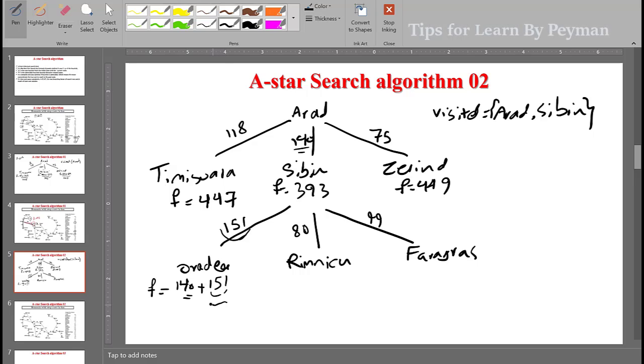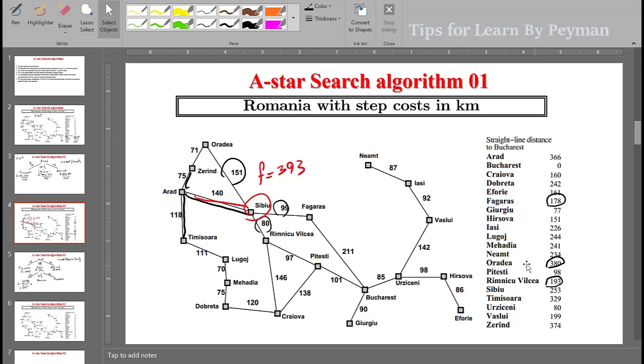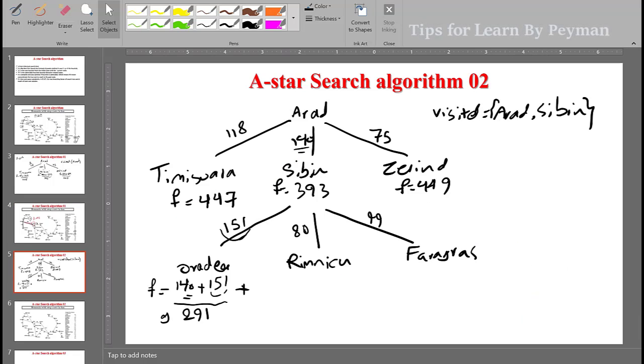These are G values. So the G value would be 291 here. And the heuristic for the Orada is 380. So plus 380, we calculate like this.